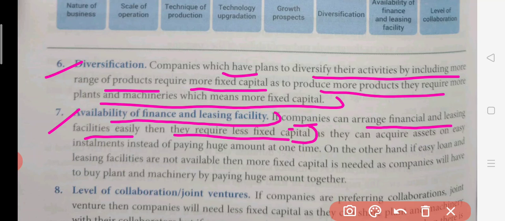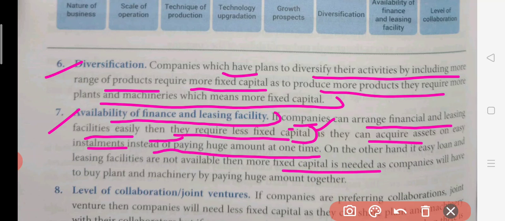So if easy options like that are available, less money will be invested in fixed capital like plants and machinery. Now, on the other side, if financial and leasing facilities are not easily available, then you will have to use more fixed capital. In that case, more capital is required.